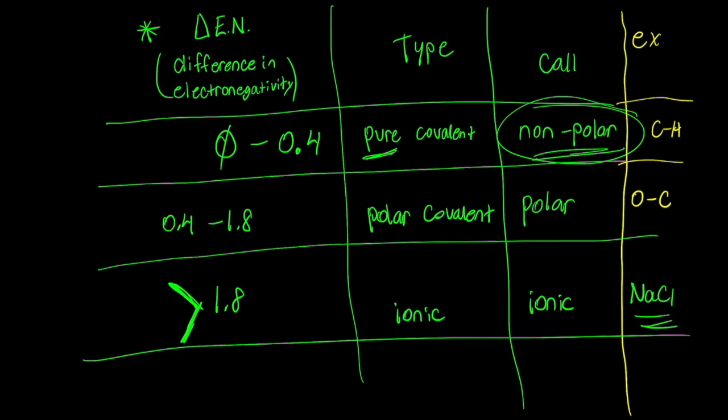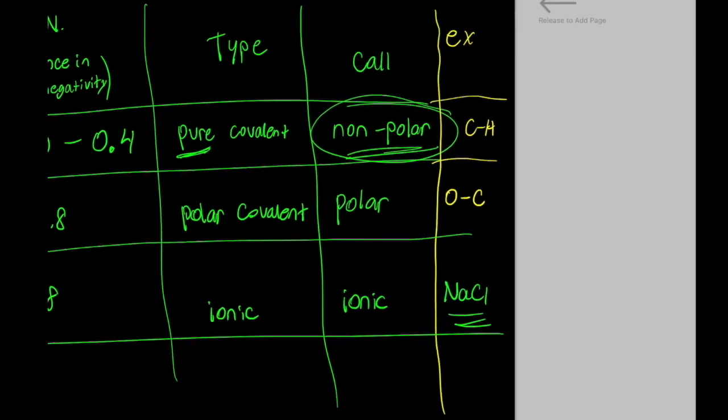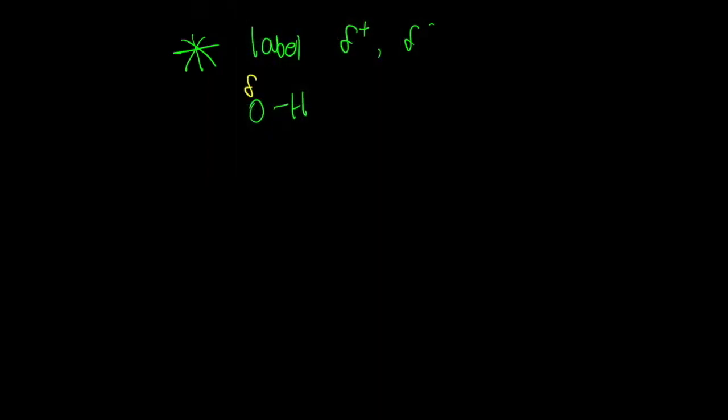So you've got a whole table, an example 7.3. They ask you to calculate the CH, CN, CO, NH, OH, SH. And what do you need to be able to do? You need to be able to label delta plus, delta minus on atoms, okay? So if you have an OH bond, you need to be able to describe it as being delta minus and delta plus.